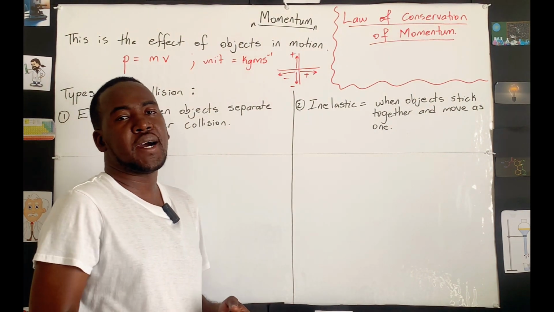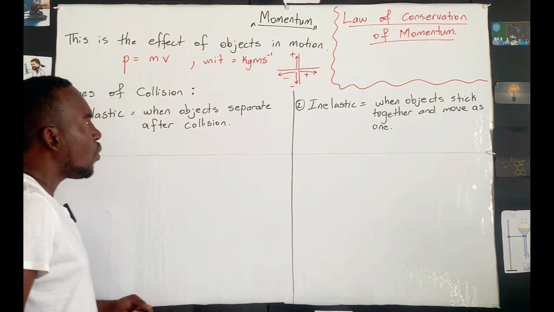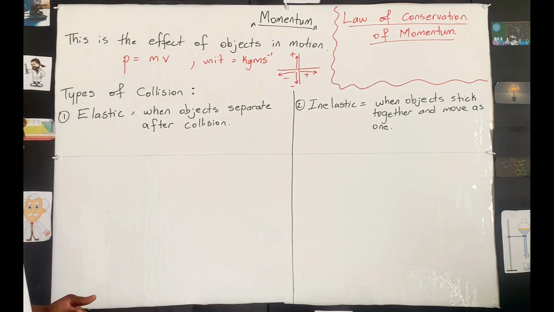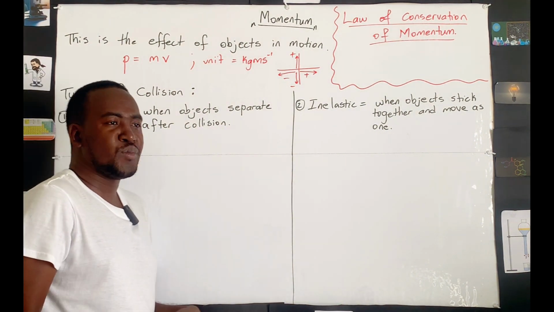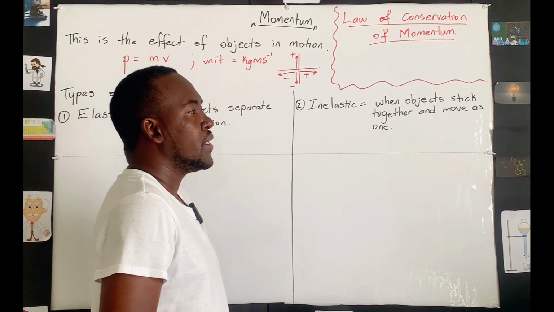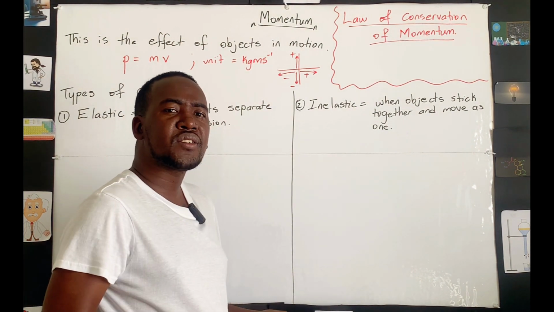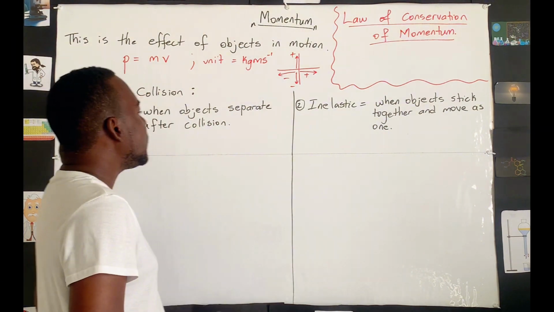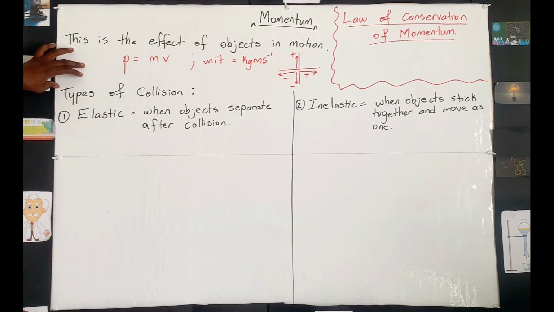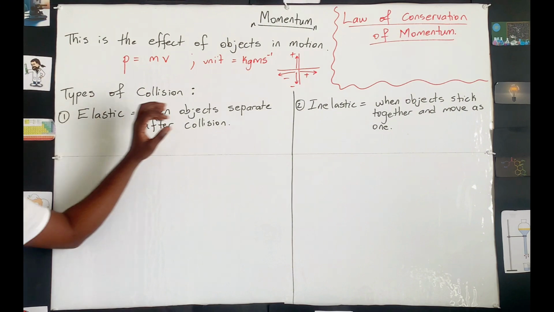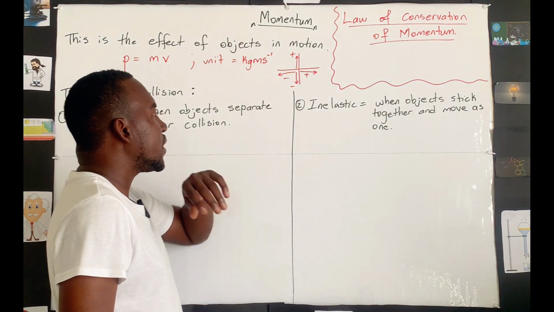Now, with momentum, because objects are always moving with momentum, there's a tendency on occasions to collide. So we look at two types of collision, which are elastic and inelastic collision.